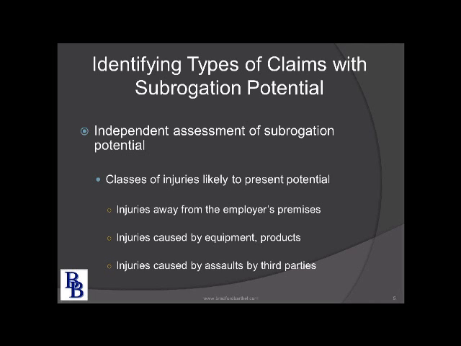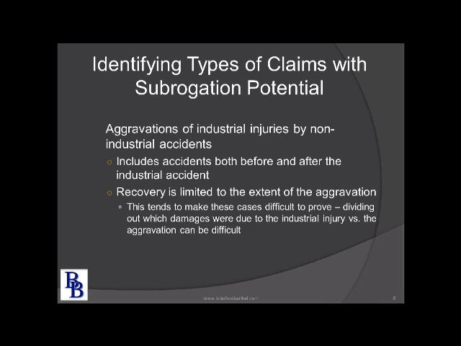The other things that often lead to subrogatable incidents are injuries caused by defective products. A ladder collapses, a piece of equipment in a factory malfunctions. Or, and this is less common, but it's an obvious case, accidents caused by assaults by third persons. Somebody walks into the 7-Eleven and punches your clerk in the nose. In each of those cases, you've got somebody who, at least theoretically, you can sue.